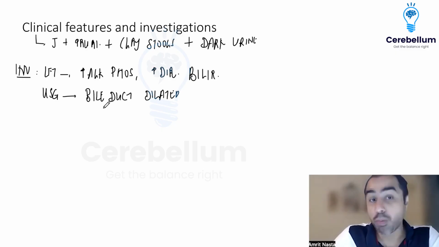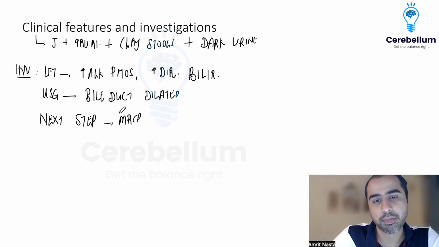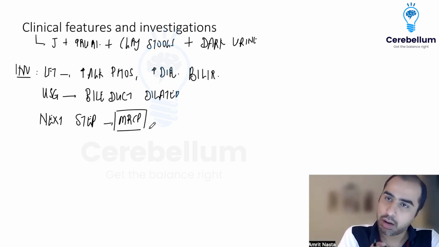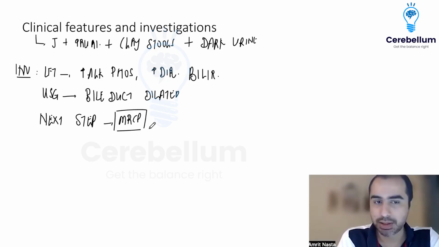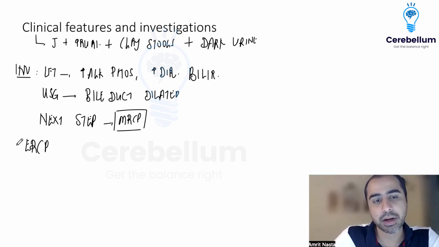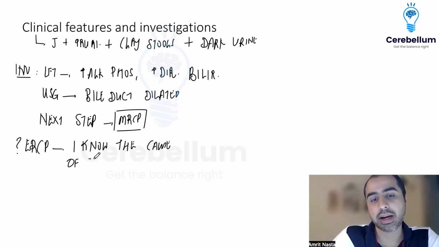Most of the times, the next step is going to be MRCP. So then when do I do ERCP? I will do ERCP only when I know the site or the reason of obstruction, and ERCP is going to help me with the treatment.